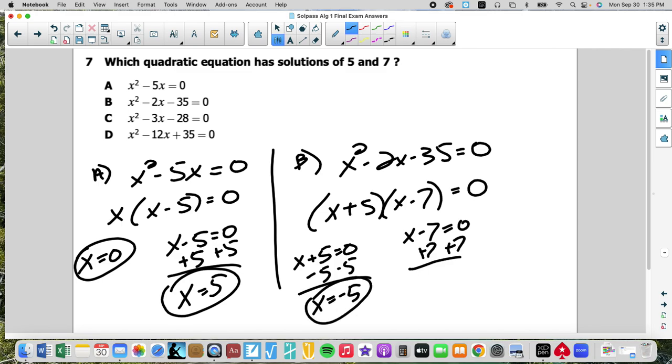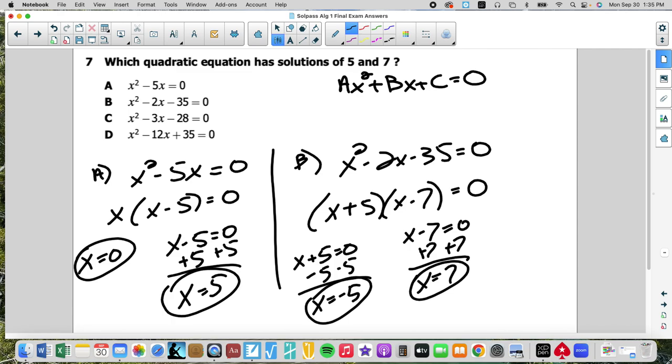That comes with lots of practice, but that's what Algebra 1, Honors Algebra 1 students will be able to factor when your a is 1. These equations are in ax squared plus bx plus c equals 0, right? That's sort of how we factor those.